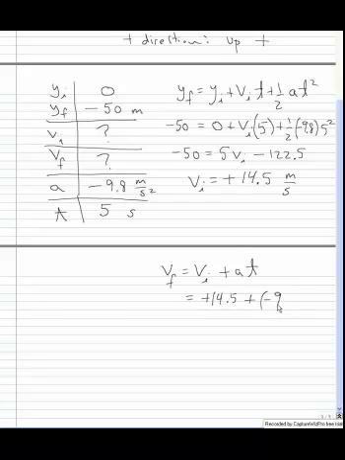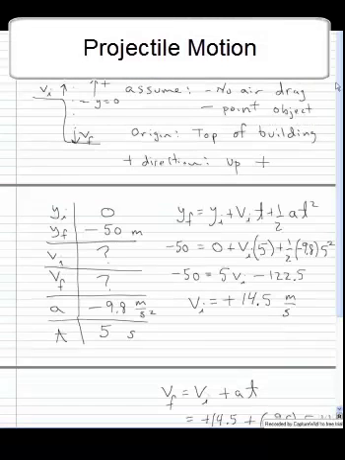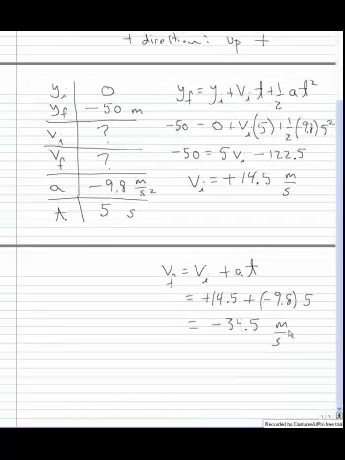My acceleration is negative 9.8, and my time is 5 seconds. And I get negative 34.5 meters per second for my final velocity. And if we go back and take a look at our picture, our final velocity is pointing in the negative direction. So we expected that to be negative. The units are meters per second, and the magnitude is 34.5.